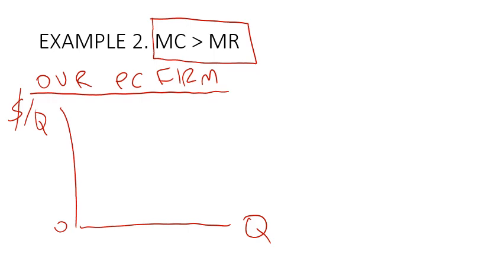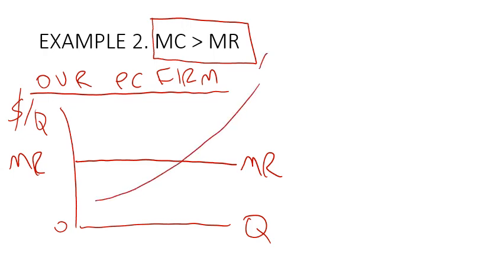This is not the market quantity. We have the marginal revenue line, like so, which you already know is equal to price, which in turn is equal to demand, and the supply curve, which looks like this, and the magic point, there it is. This is the profit maximization, loss minimization point. MR equals MC.